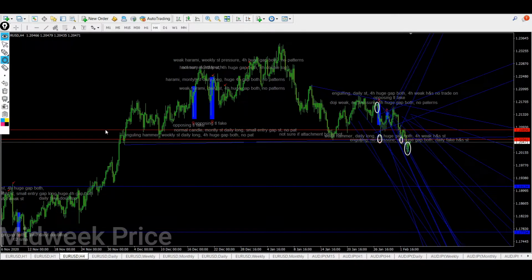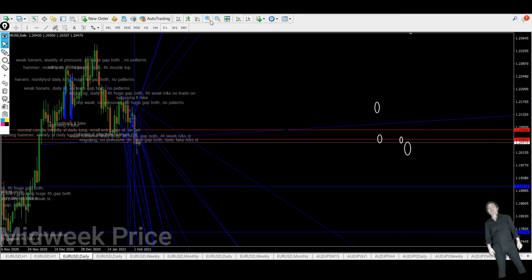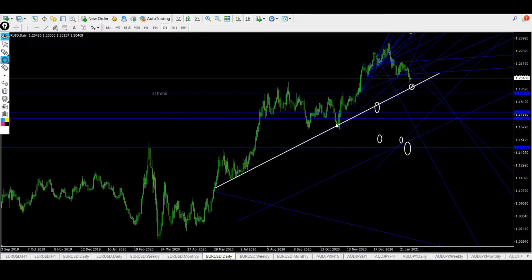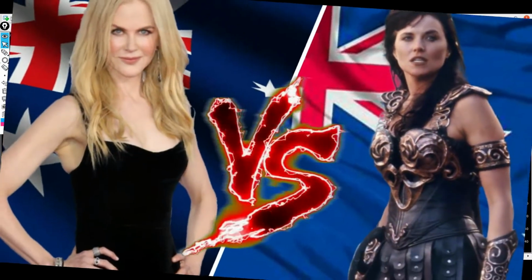So that daily HNS, although it's fake, a lot of people are taking that down. So we could possibly get that pullback to that daily trend line. That's what it looks like for now. Yes, the daily trend line being right here, this pivot to this pivot. Okay, so let's go on to the Aussie-NZDUSD pair.